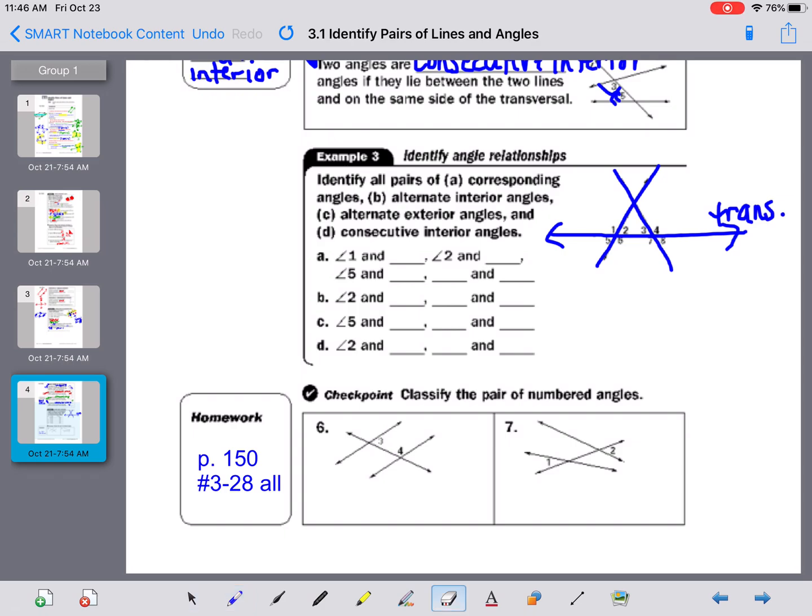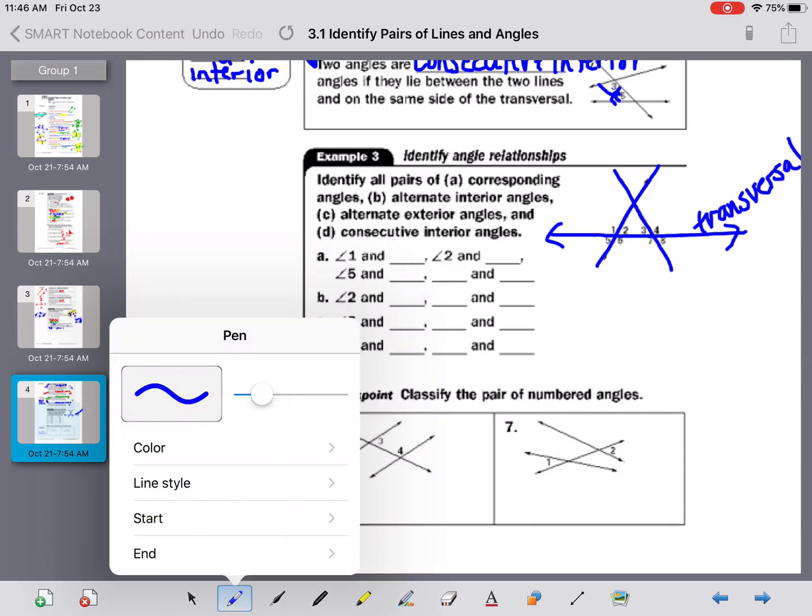That's the one cutting through. Now, I'm going to be honest, any one of those other lines could have been a transversal, but because they numbered these angles with this one, this is the transversal. So any line that cuts through and touches two lines in a plane is a transversal.